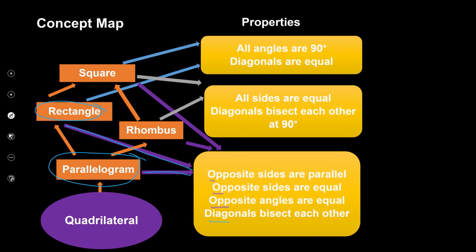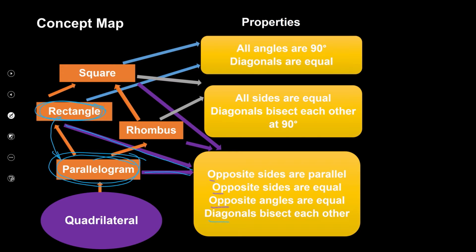So what does that mean? It means that a rectangle is a parallelogram, but it is a special kind of parallelogram. We start with a parallelogram. Not that a parallelogram is a rectangle. That does not exist, right?